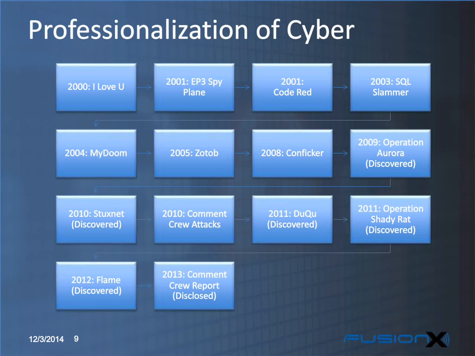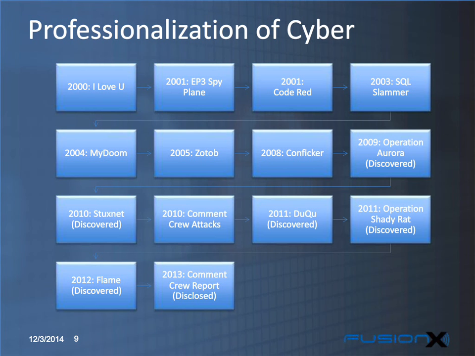Let's set the stage a little bit here. The current slide is intended to demonstrate to you how the cyber underground effectively has become professionalized in the last decade. Those of you that were around at the turn of the century will remember viruses like I Love You, the event where the EP-3 spy plane collided with a Chinese fighter jet over the South China Sea, which resulted in a big hacker conflict.